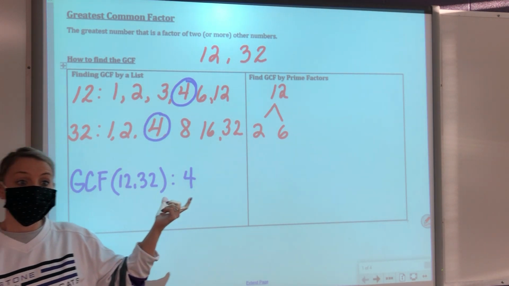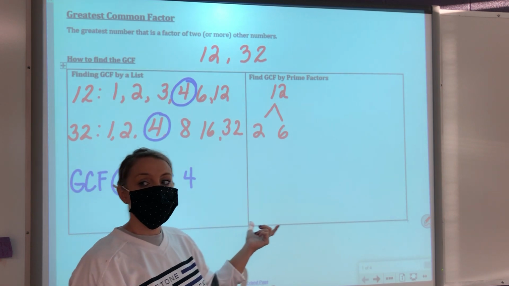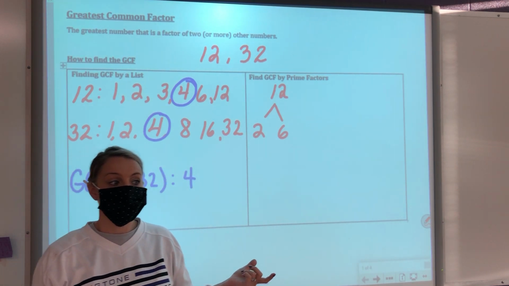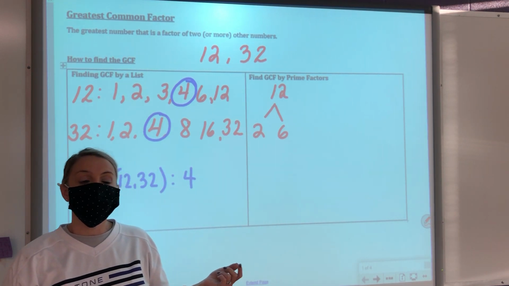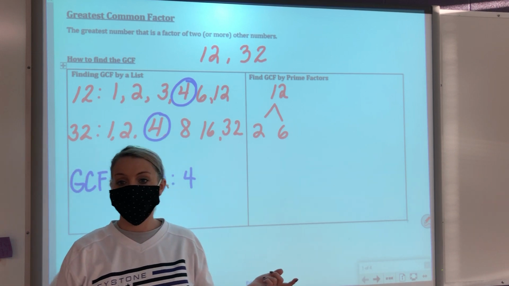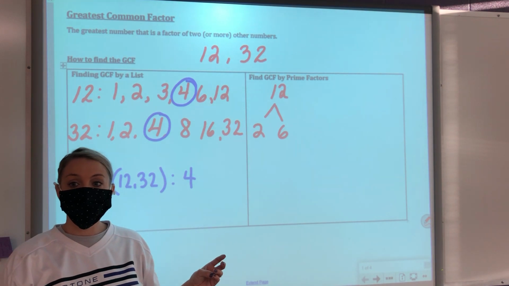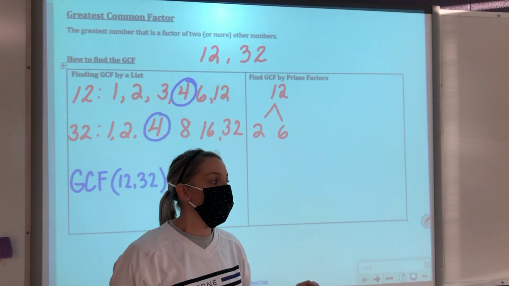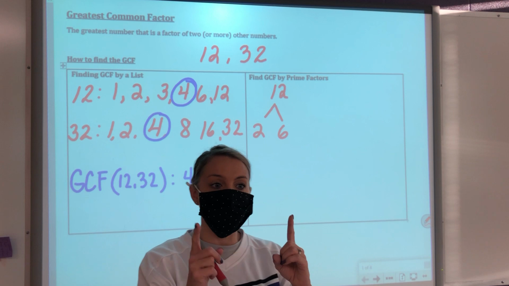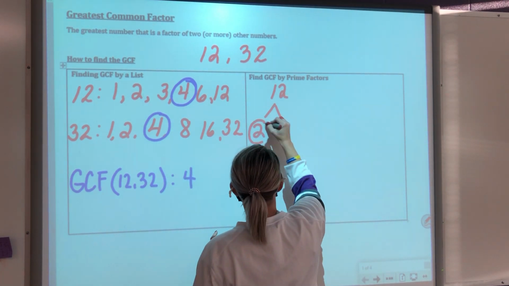No, neither of them are prime because they can't multiply with another number. Brooke is telling me 2 is prime. Why is 2 prime? Because it can only be multiplied by itself and 1. Very good. The only factors of 2 are 1 and itself. So 2 is prime, so I circle it.